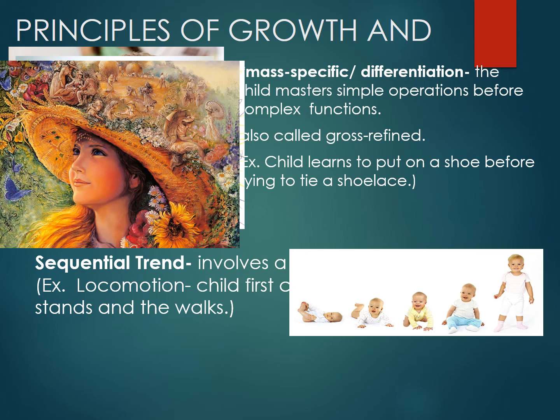And then we will creep or agpampanchok, or we will try to stand on our own. And then after that, we will walk assisted, or we will walk while holding on to rails, or we will hold on to the edges of tables. And then basically, we will already be able to walk independently. So that is what we call sequential trend.